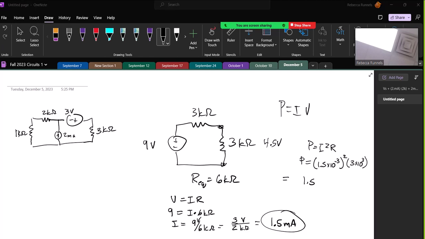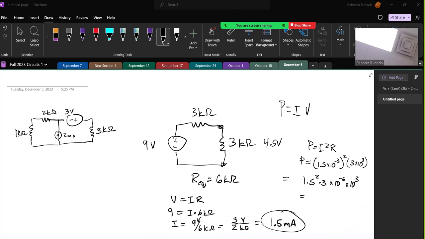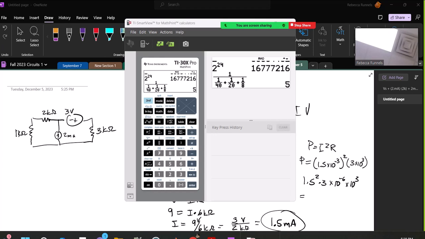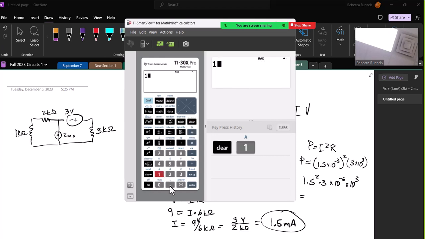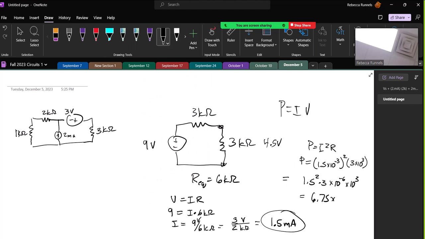So 1.5 squared times 3 times 10 to the negative 6 times 10 to the third. 1.5 squared times 3 is 6.75. 6.75 times 10 to the negative 3, or 6.75 milliwatts.